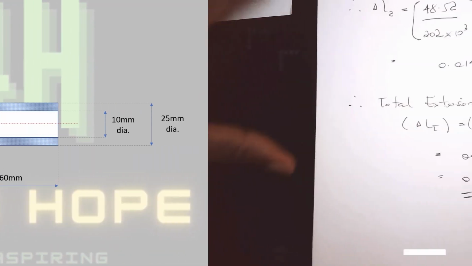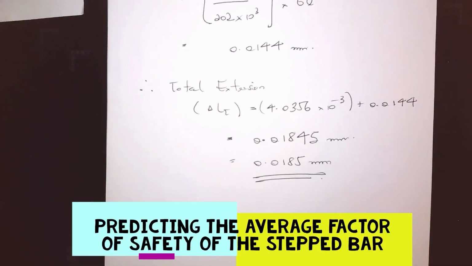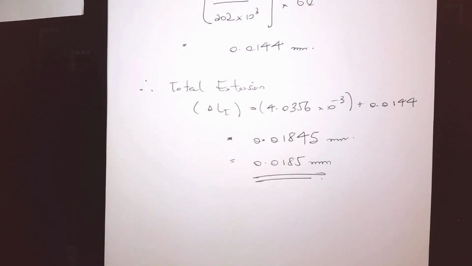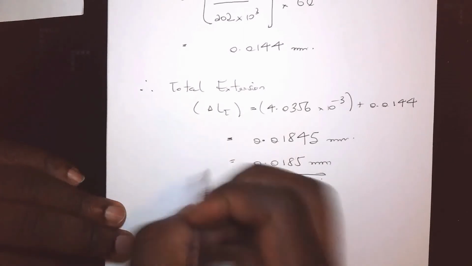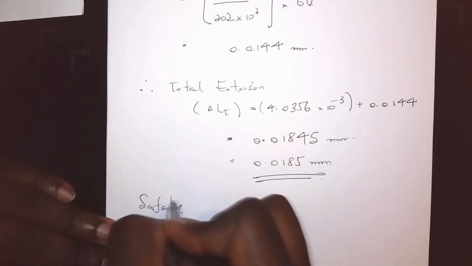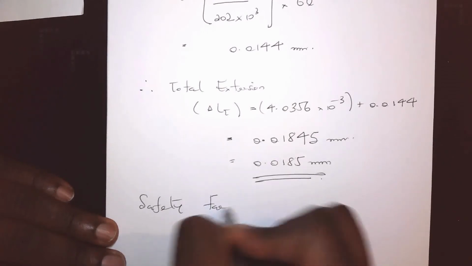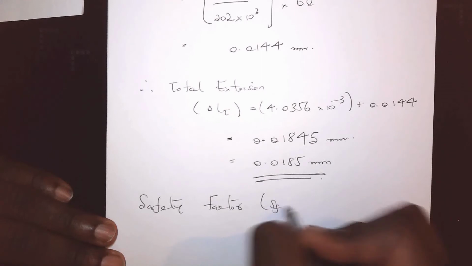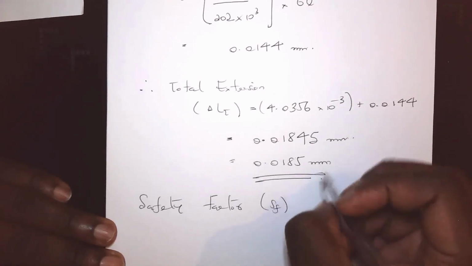The last part is to calculate what I believe would be the factor of safety. So we've now covered the factor of safety. So this makes it very easy for us to understand how we need to go about doing this. So to calculate the safety factor, the factor of safety, however you want to call it, that would be S subscript F. Again, you can use small n if you want.